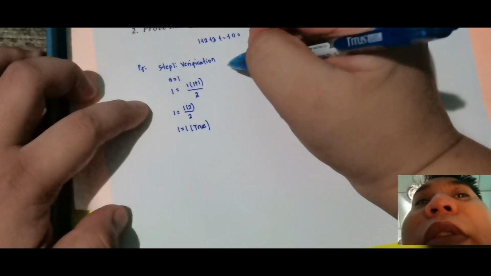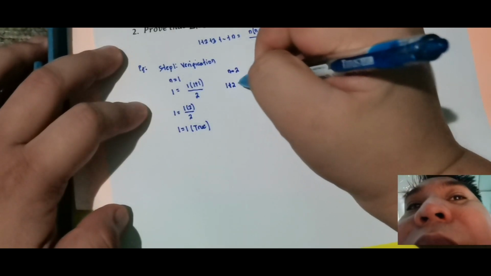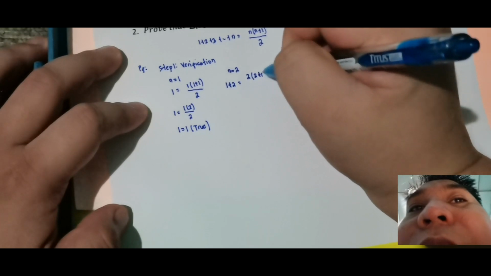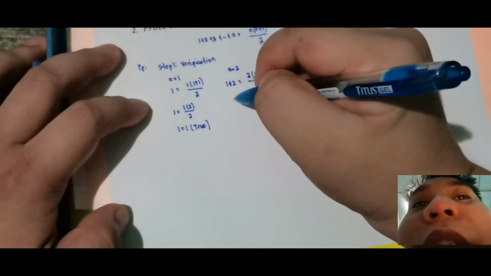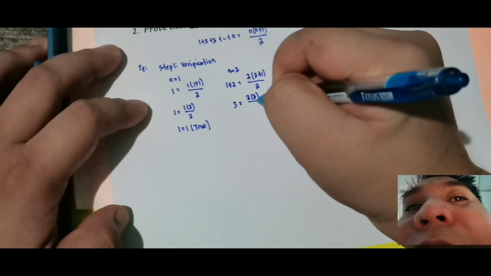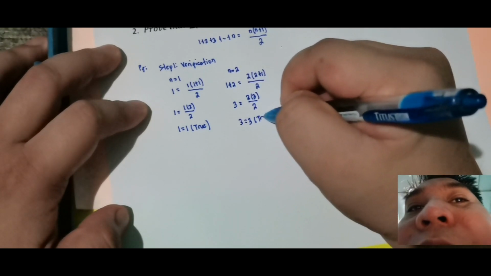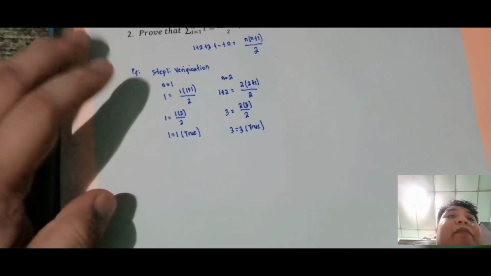Okay, then for n is equal to 2, that is 1 plus 2, which is equal sa 2 times 2 plus 1 over 2. Okay, and this is equal sa 3 is equal sa 2 times 3 over 2, which is equal sa 3 is equal to 3, which is also true. Tama naman, no? 2 times 3 divided by 2 is also 3.